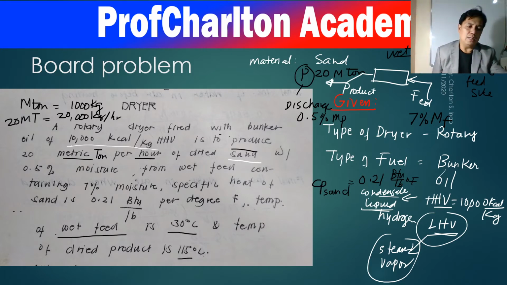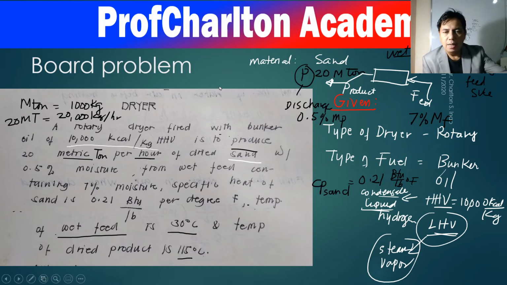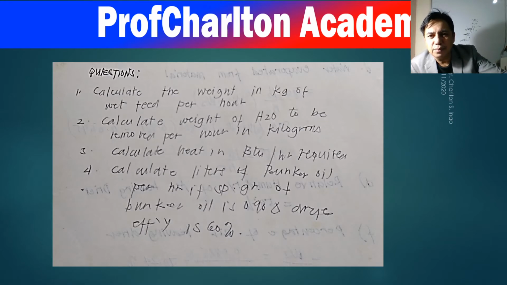Okay, so there are other given or known data which are available in the question. So let me go into that. Look at this. Calculate the weight in kilogram per hour of wet feed. Right. So here we will just have to annotate this.